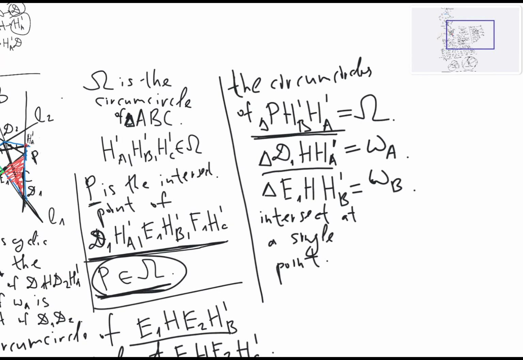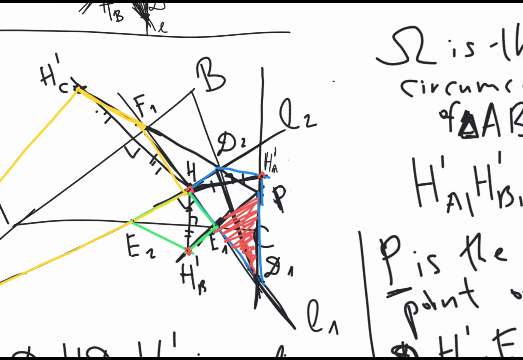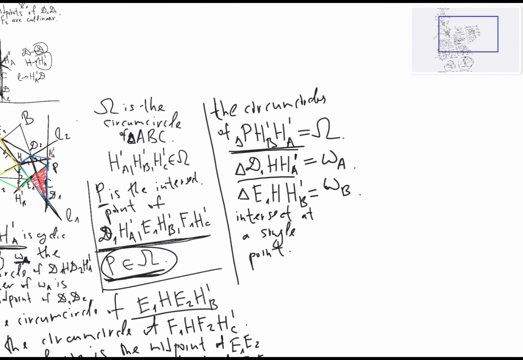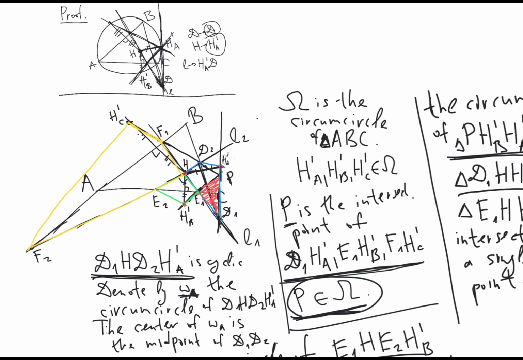So omega A and omega B already have 1 point in common, which is H. But we know that H is not the common point of all these 3 circles, because H does not lie on omega, the circumcircle of the original triangle ABC, which does not pass through the orthocenter, obviously. So this is not point H.